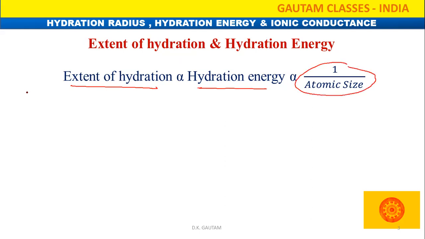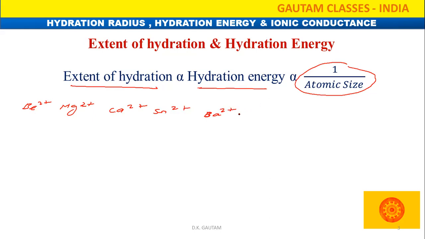Suppose I am giving the order here: beryllium 2 plus, magnesium 2 plus, calcium 2 plus, strontium 2 plus, barium 2 plus. The question asks about the extent of hydration. The extent of hydration depends on atomic size.